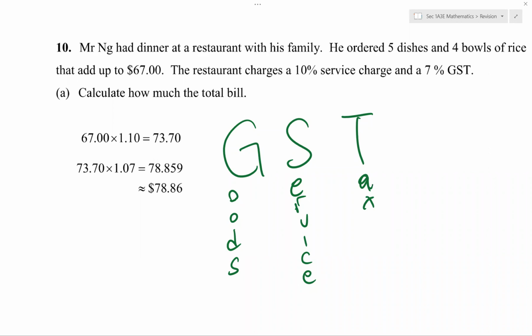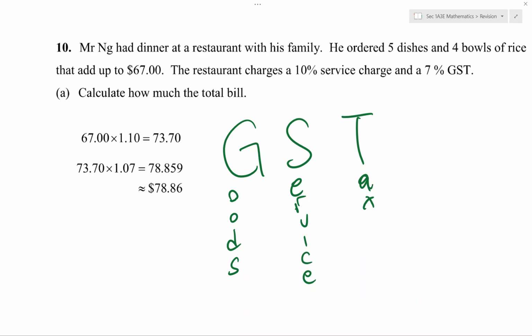Let's say it's $10. You still need to pay extra 10% of service charge to the person who is serving you. And then you pay a total of $11 already, because 10% of $10 is $1. Total $11. The government now comes in and says, I will tax you 7%.